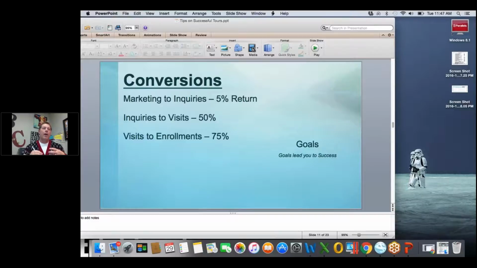When parents visit your school and you are confident, you will seal the deal. To me, this is the easy part. Anyone that walks through this door, I can sell them. Because you've got to have that belief, that confidence, that compassion, and you can get it done. So again, we go to 75%.